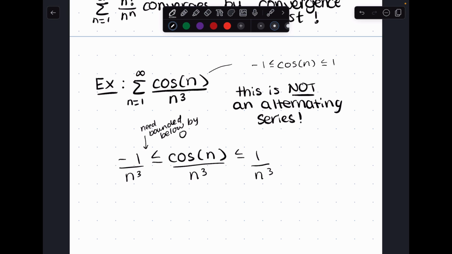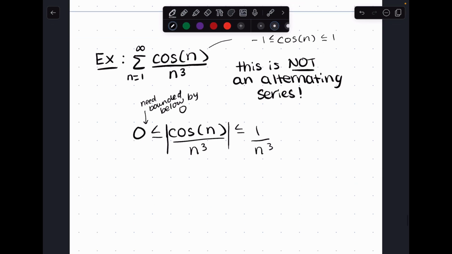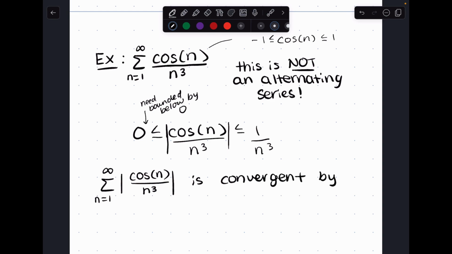Well, if we consider the absolute value of cosine of n over n cubed, then we know that this is bounded below by 0. And now we can apply the comparison test and say that it is convergent by the comparison test.